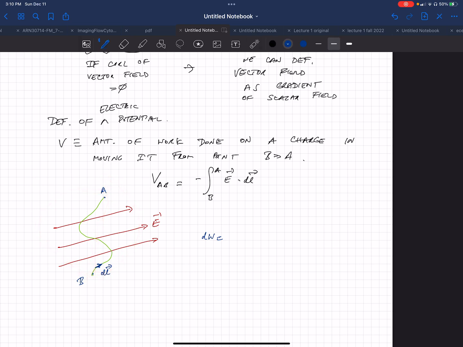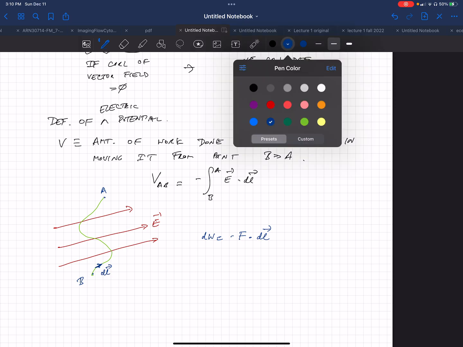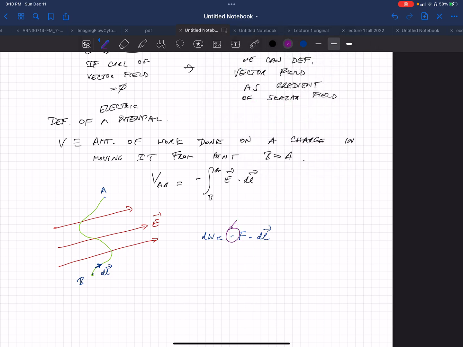Okay, so dW is equal to minus F dot dl. This minus here is because we are finding work done on the charge.